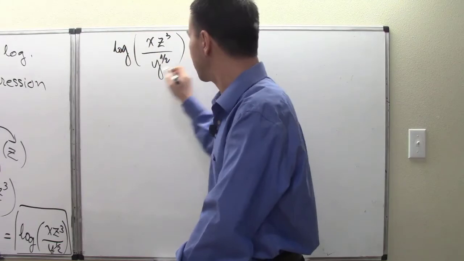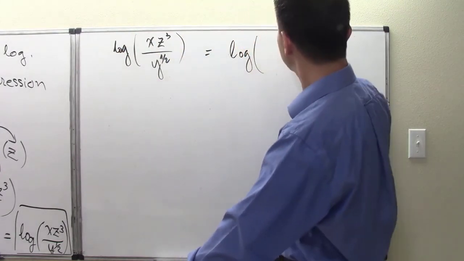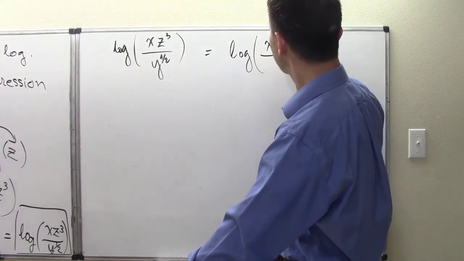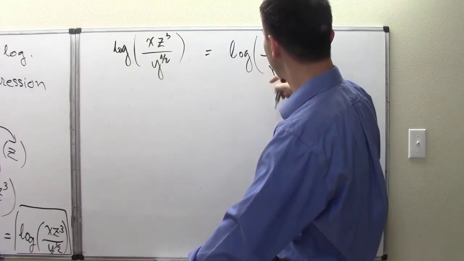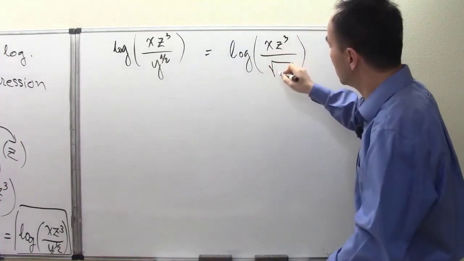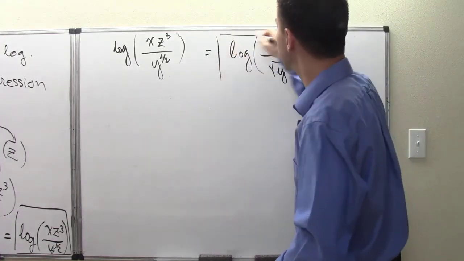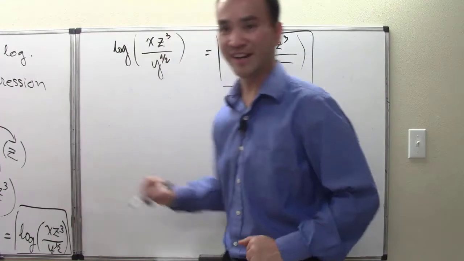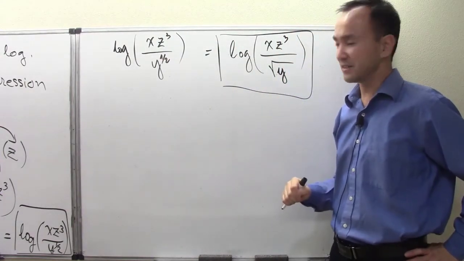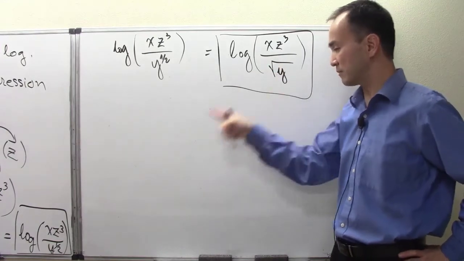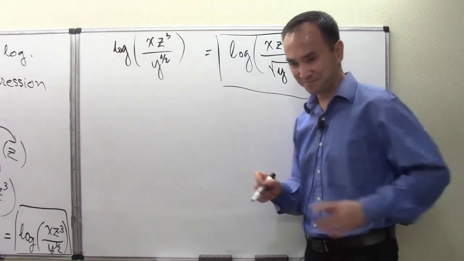So in that case, you can write it as a logarithm base 10 of x z cubed, but then instead of writing a fraction power like this, some instructors may prefer their students to write that as a root expression. That works too. So that's another way of writing it. I just point out different ways of how you can write the final answer, but any one of these two, they are already in simplified form.